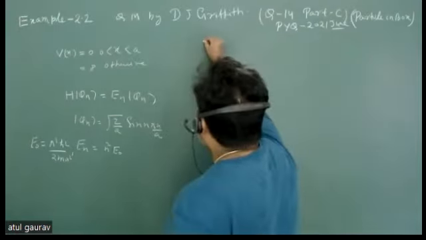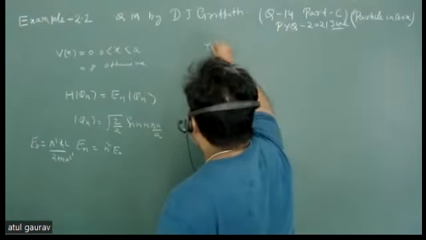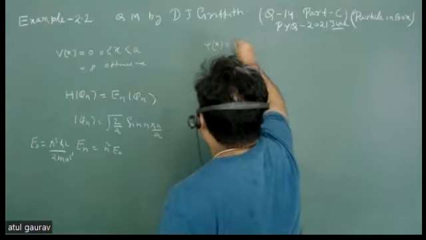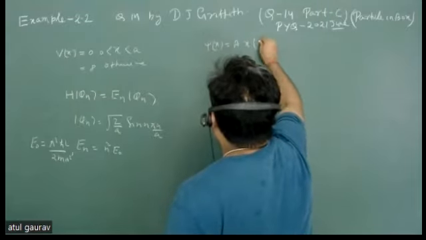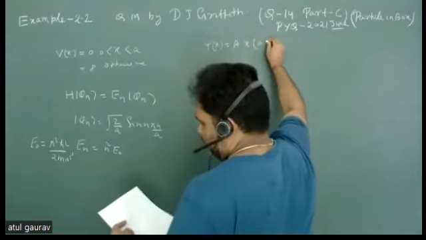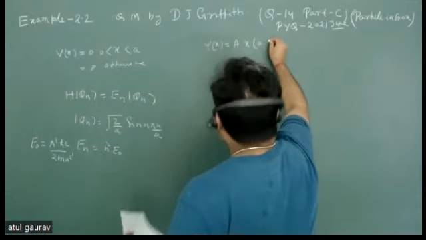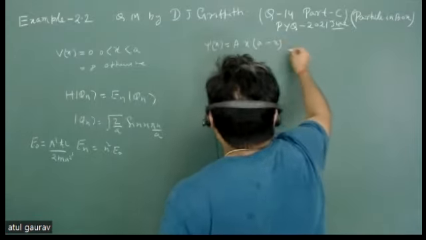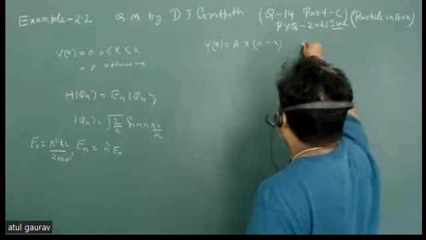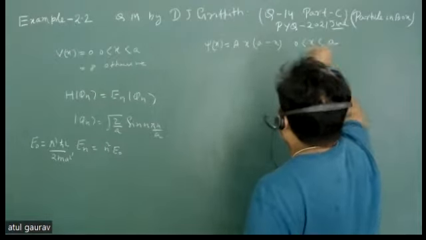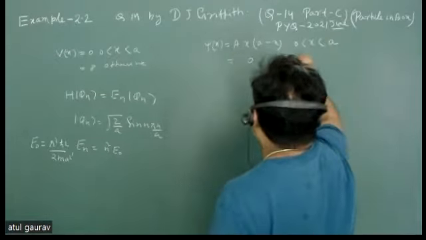It is given that the wave function psi(x) is A x (a minus x) for x between 0 and a, and 0 otherwise.